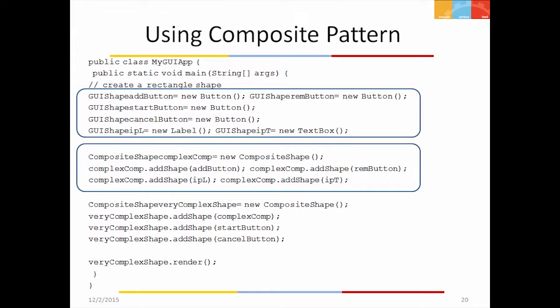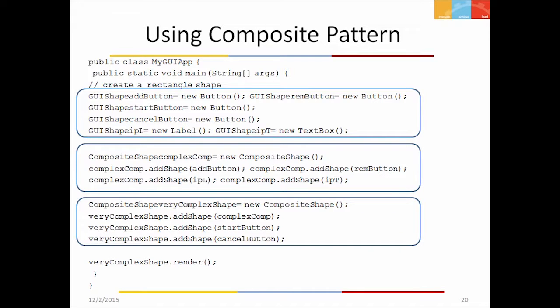I am adding a shape, then I am adding another shape called IPT or text box. So I am adding IPT, IPL, these are all objects, rem button, add button, and that's what is my complex component.